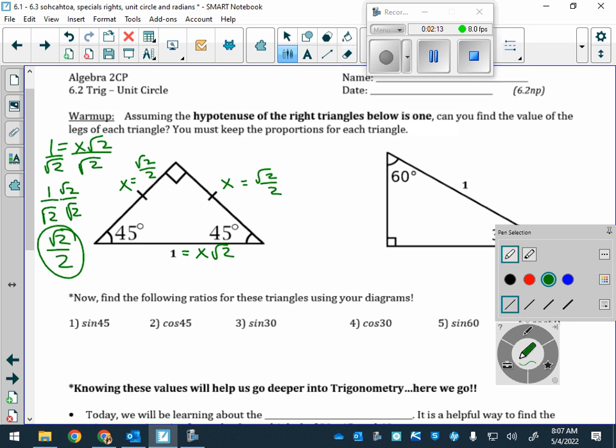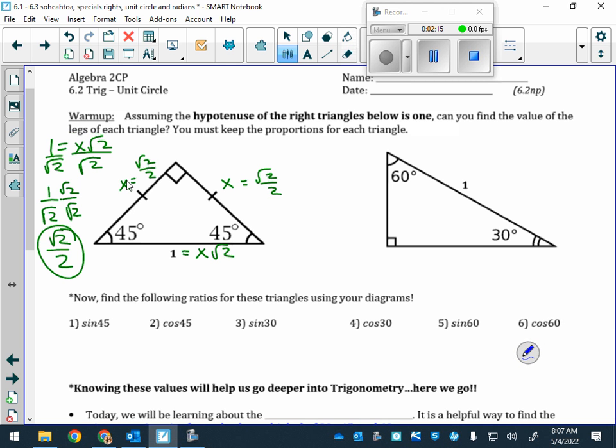Now, for 30, 60, 90, our hypotenuse is equal to what? 2x. Okay, so we know across from 30 is x, and we know across from 60 is x root 3.